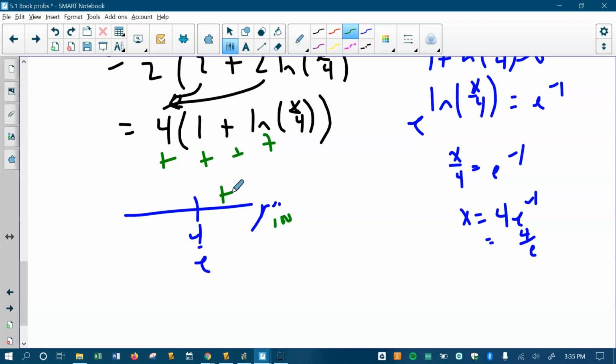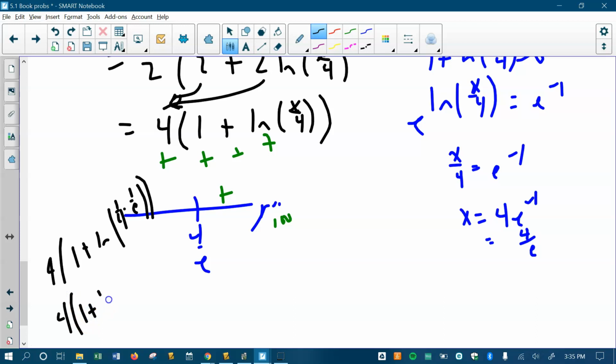If I pick a small number like 1 over e, 1 over e is pretty small. If I pick 1 over e, I get 4 times 1 plus ln of 1/4 times 1 over e, which is going to be 4 times 1 plus ln of 1/4 plus ln of e to the negative 1.